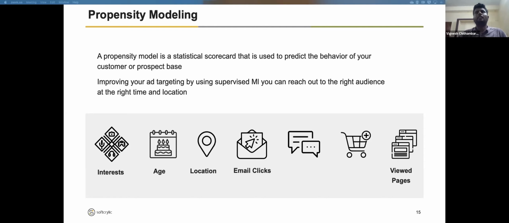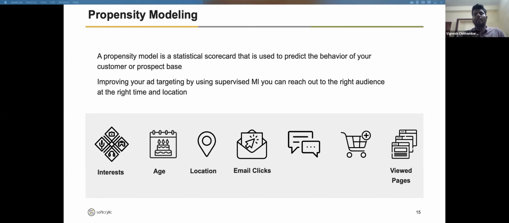So we can target the relevant audience segment who has the propensity to buy your product or is willing to do something which you are targeting for. In our example, let's say we take an ad campaign. We want to see which are the potential customers who are willing to click or participate in this particular ad campaign.